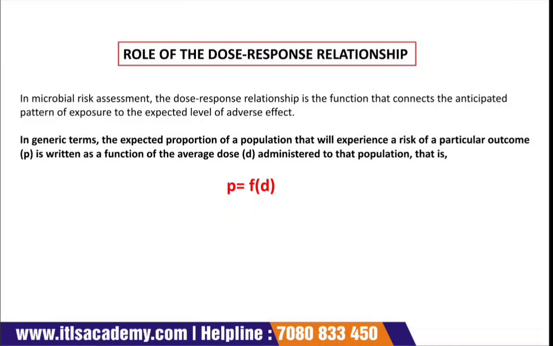Okay, so it simply means it is a dose and response relationship, or an exposure and response relationship, which basically describes the magnitude of the response of an organism. What is the response of an organism that is being described by this relationship?